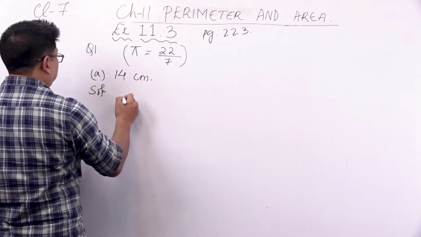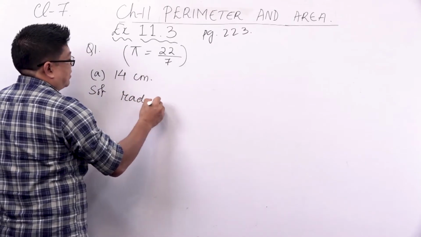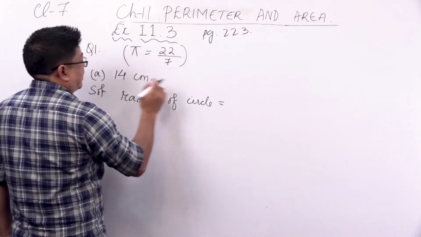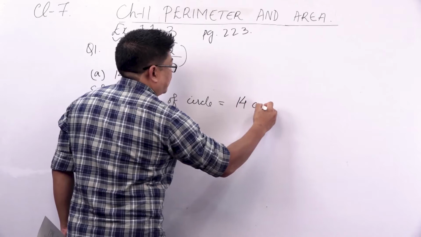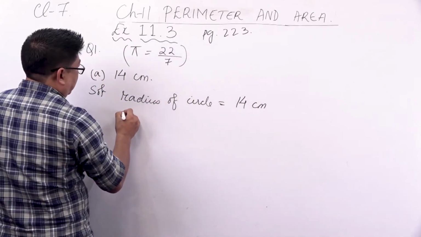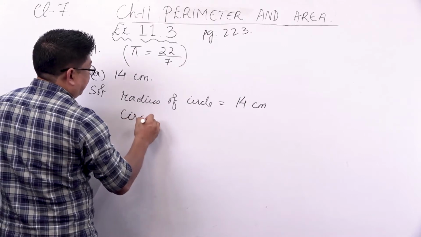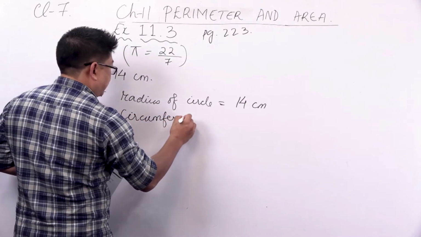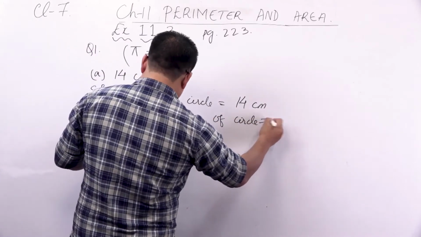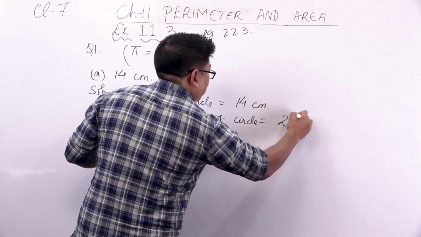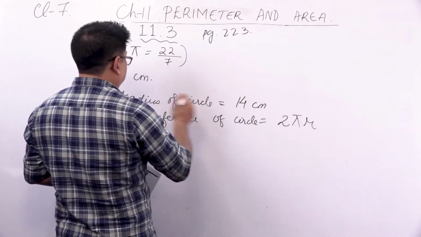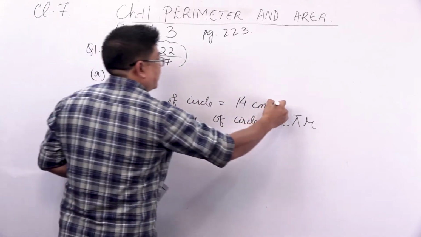So, we will write radius of circle is 14 centimeter. And we know circumference of circle is equal to the formula 2 pi r, okay? Here, let's say this is your r.